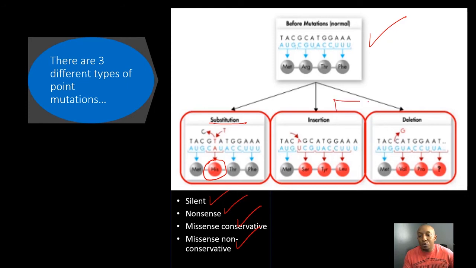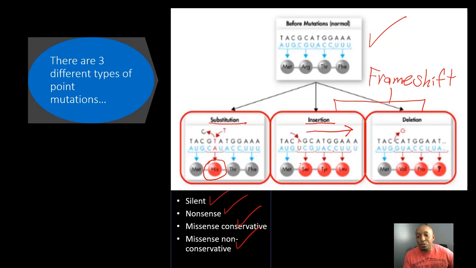And if we move over to insertion and deletion, remember, these are both our frameshift mutations because they cause that genetic frame to be moved or shifted down. So if you look at an insertion, that means that an additional base has been added to this genetic coding, and it shifts all of these other bases down.